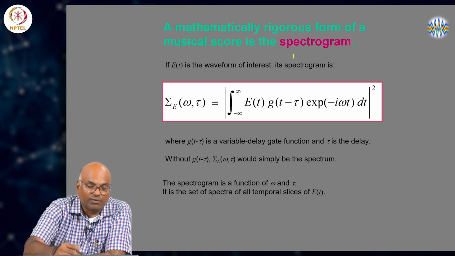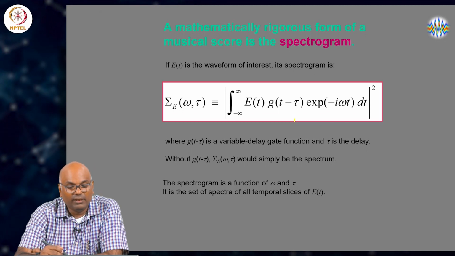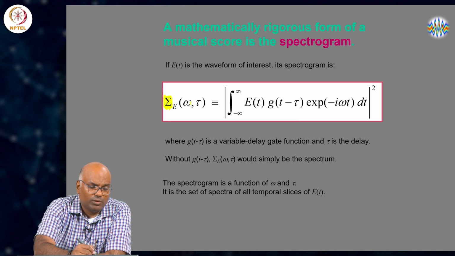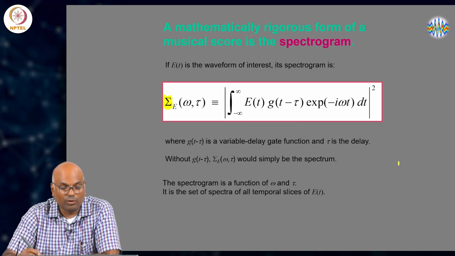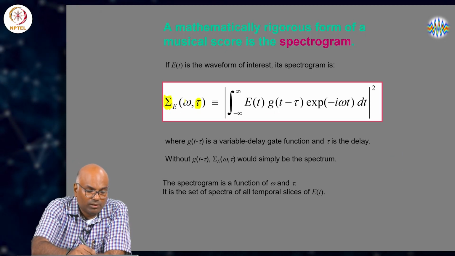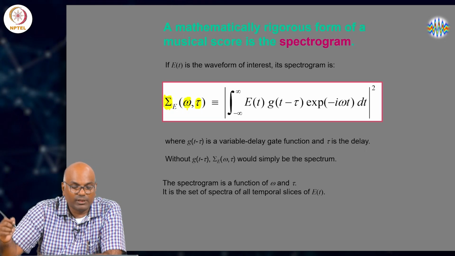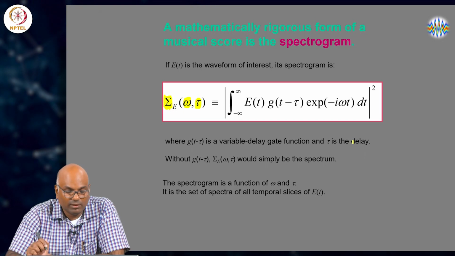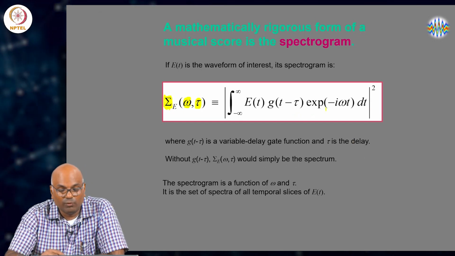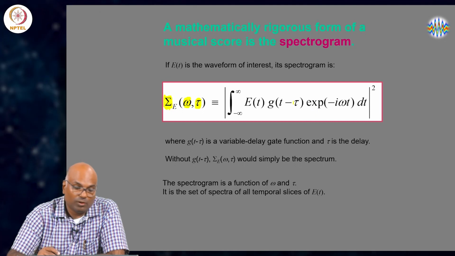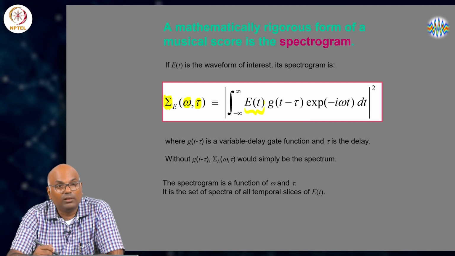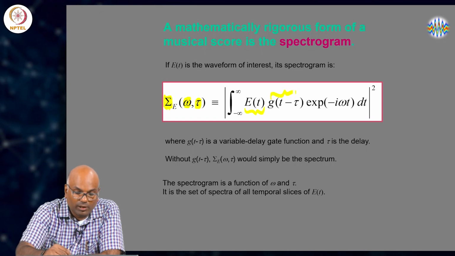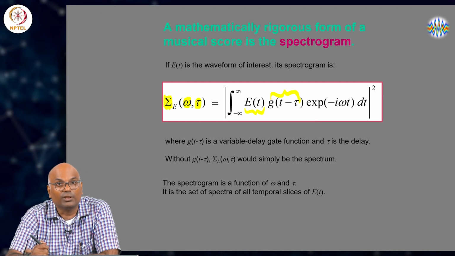If E of t is the waveform of interest, then in writing down the spectrogram sigma of omega and tau, where tau is a delay variable and omega is the frequency variable, the spectrogram essentially is the mod square of the Fourier transform of the product of the field itself, that is E of t, multiplied by an appropriate gating function g of t.